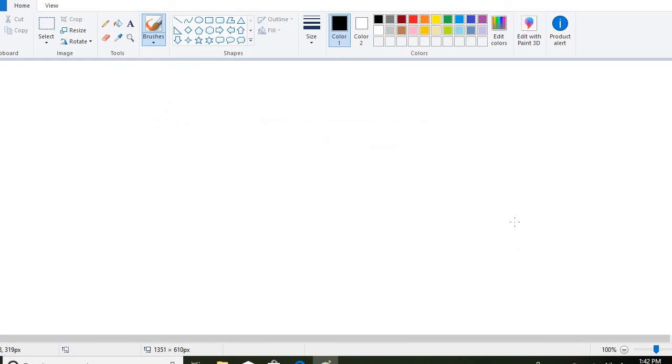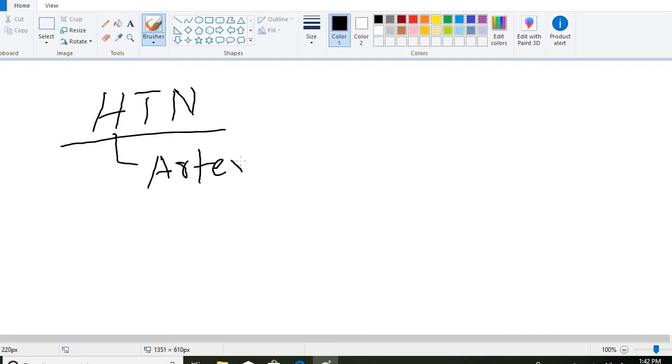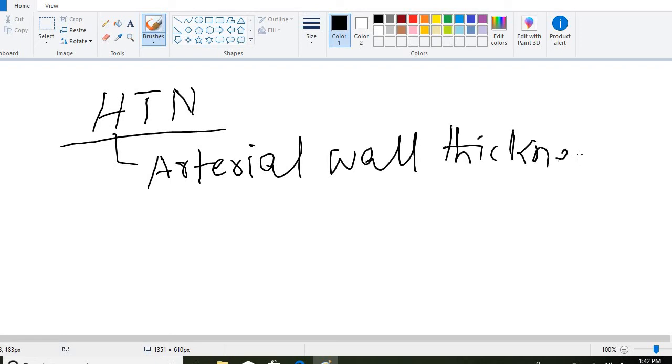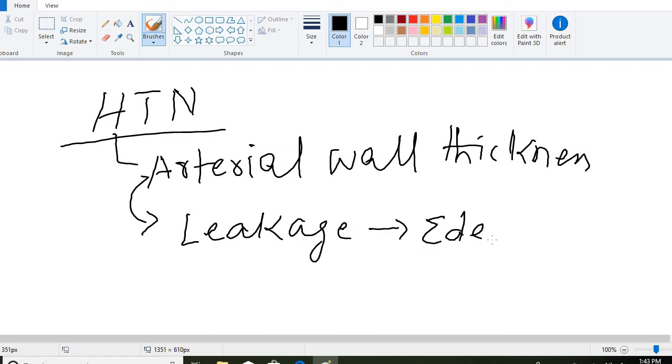Now pathogenesis. In diabetic retinopathy and hypertensive retinopathy, there may be increased hypertension that results in arterial wall thickness. Arterial wall thickness leads to rupture of the arterial wall, leakage and edema, and further progression of hypertension may happen.